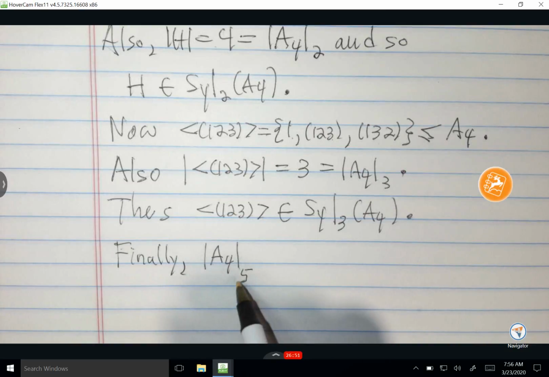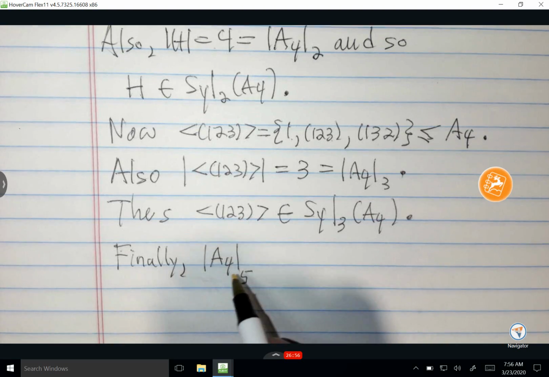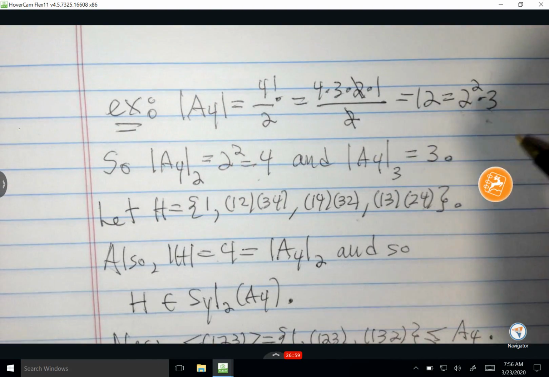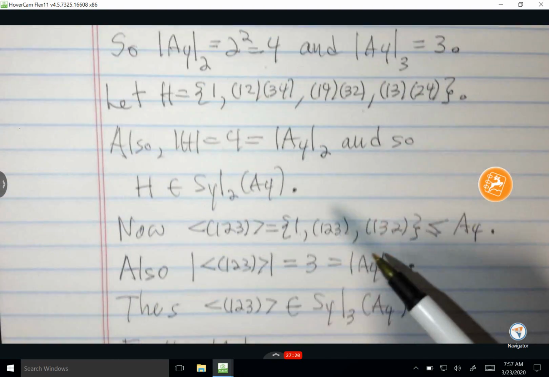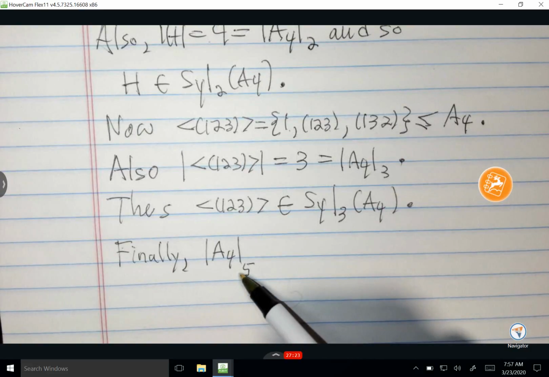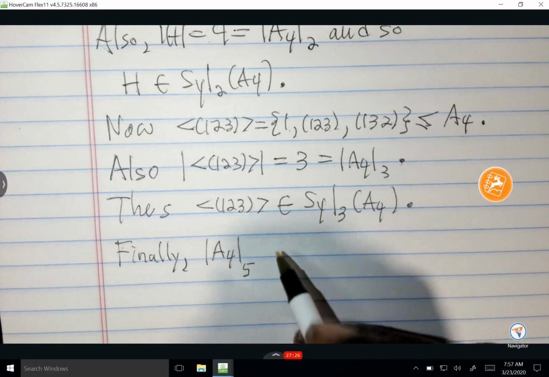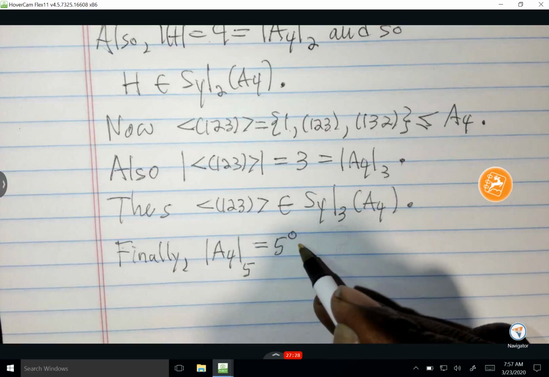That would be the highest power of 5 that divides the order of A4. Follow the pen. The highest power of 5 that divides this number, what's that? Man, 5 doesn't even divide that. But there is a power of 5 that divides this number. It's 5 to the 0, or 1. Okay? Follow the pen. So that means the 5th part of A4 is 5 to the 0, or 1.